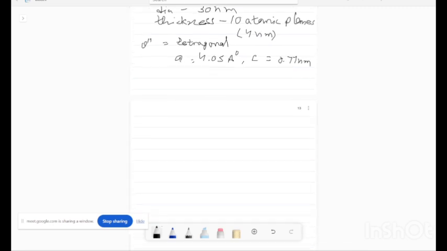So the theta double prime forms because of the alternate layers of aluminium and copper atoms on the 100 plane. It forms on the 100 planes as copper and aluminium atomic layers.